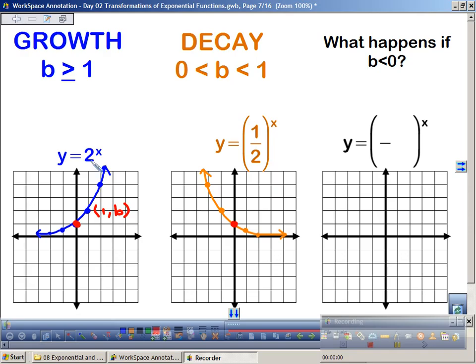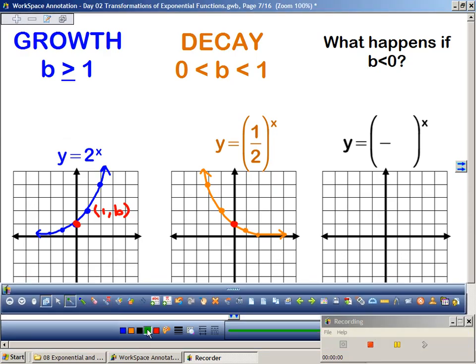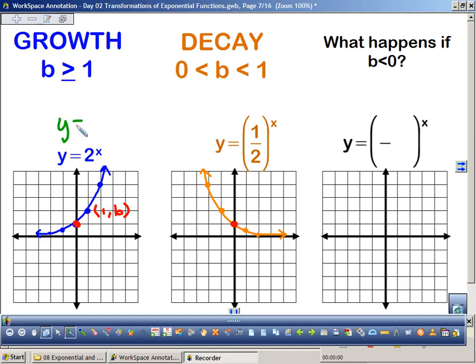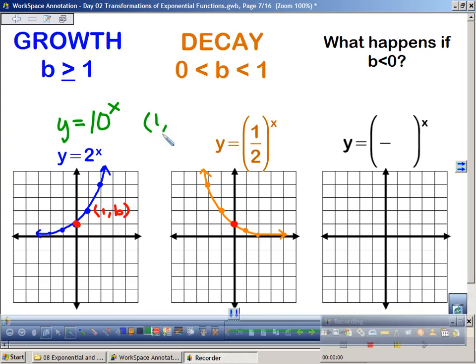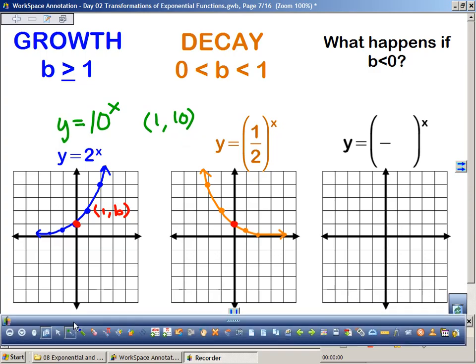So if I had a graph like y equals 10 to the x, my second reference point would be (1, 10). I said (1, b) is my second reference point.